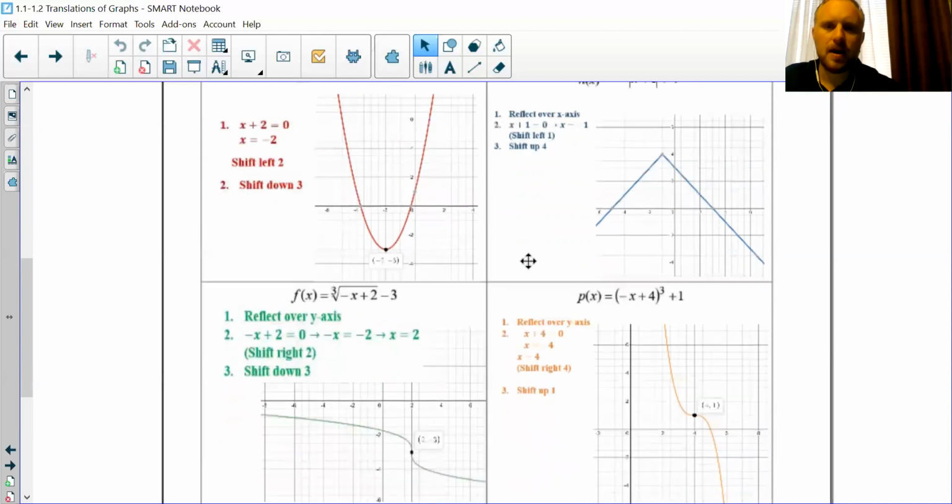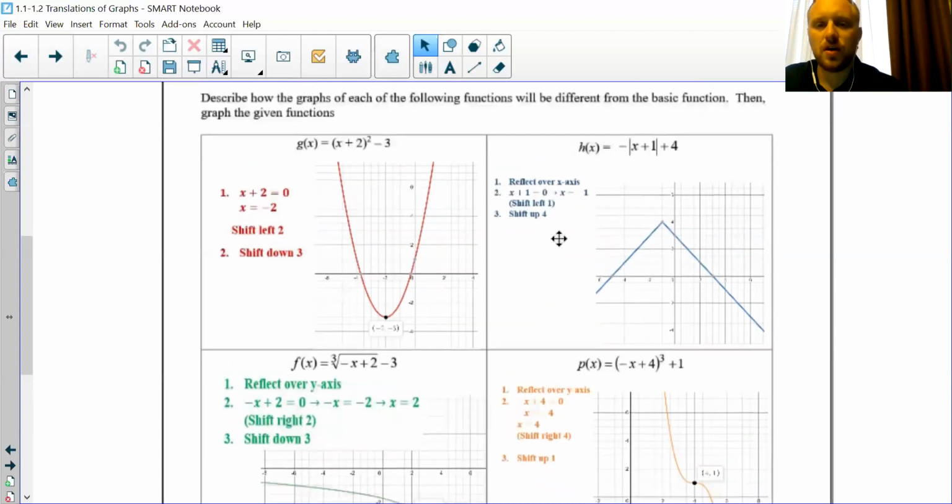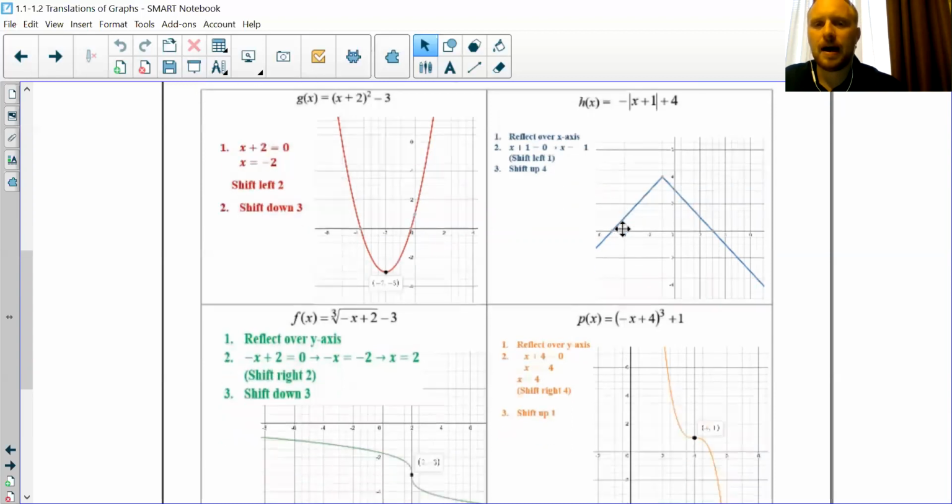All of these are showing how to graph these. Notice that this is reflected over the x-axis and then shifted to the left 1, and that's going up 4.